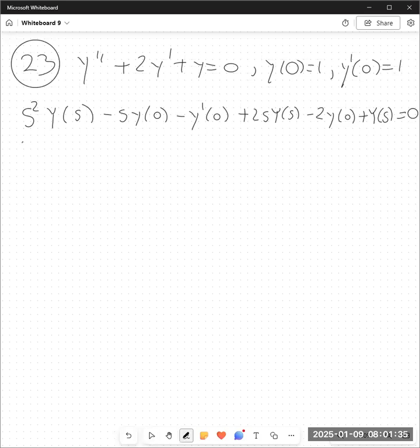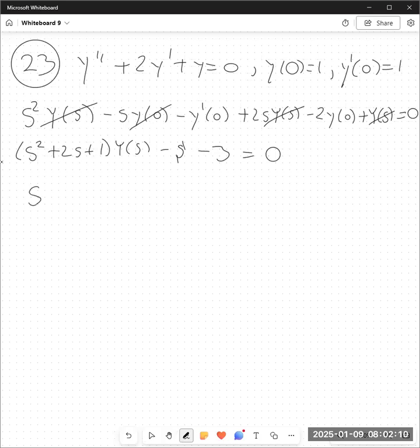That makes this s squared plus 2s plus 1 times capital Y of s, and then we have minus s, and then minus 1 and minus 2, it's going to be minus 3, equals 0.